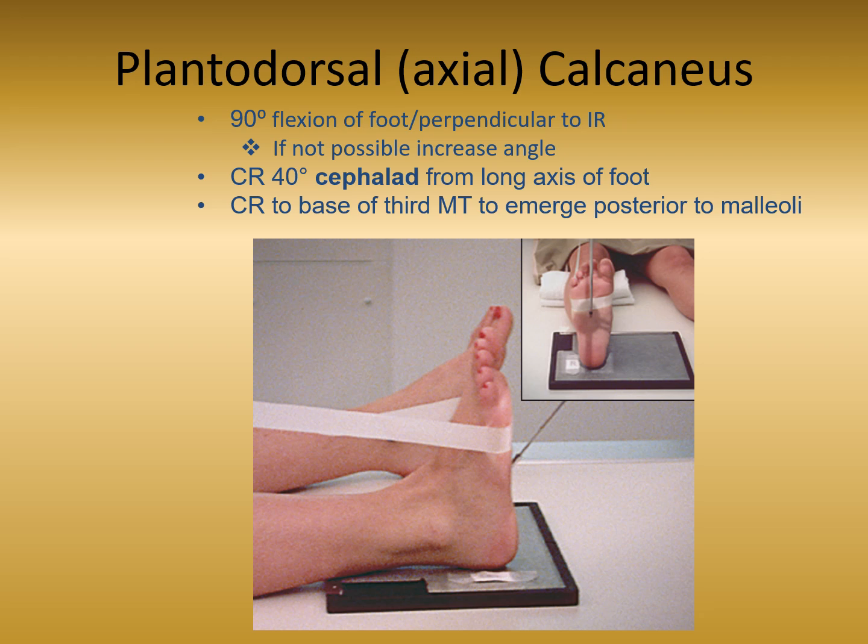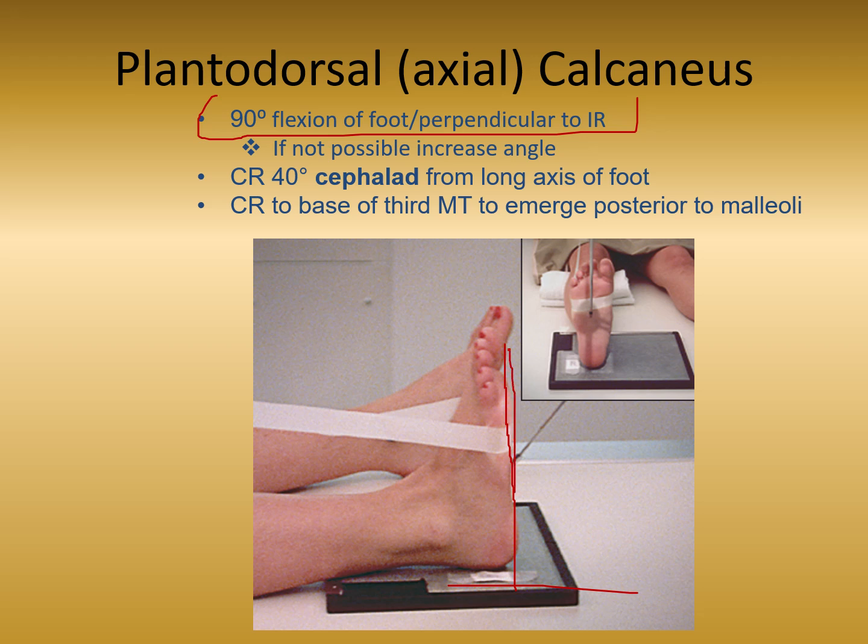We are very specific about the flexion of the foot: it's a 90-degree flexion. We want the plantar surface of the foot making a 90-degree angle to the IR. So the foot is perpendicular to the IR with a 90-degree flexion of the foot.